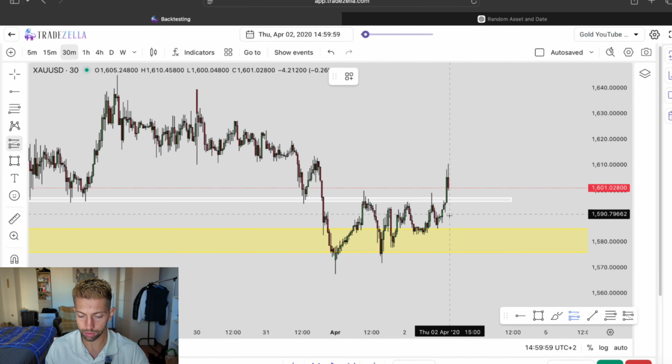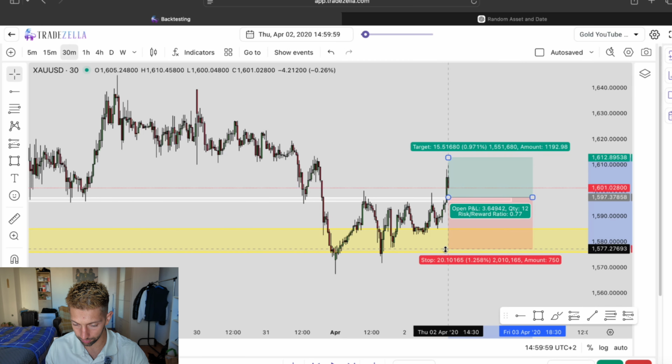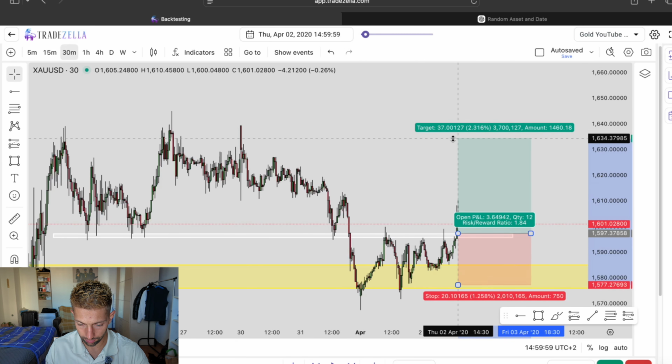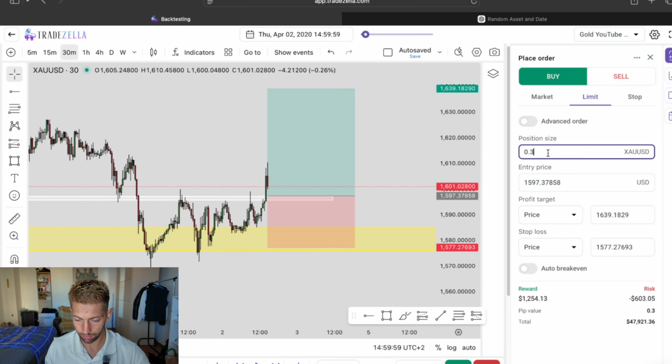Okay, that's a break. So we broke it right now. I'm waiting for a retest, which I'm placing my buy limit right here. I'm putting stop loss under here, and TP, I will probably target something like this. Okay, so that's the trade.